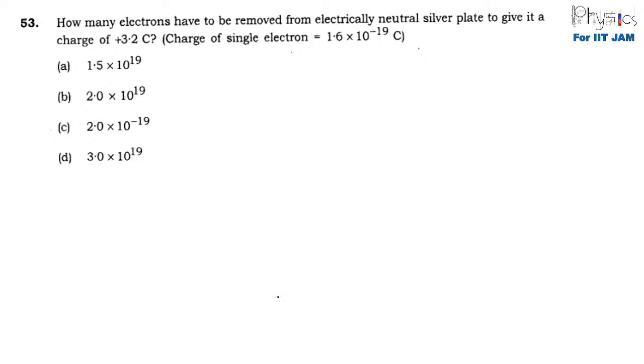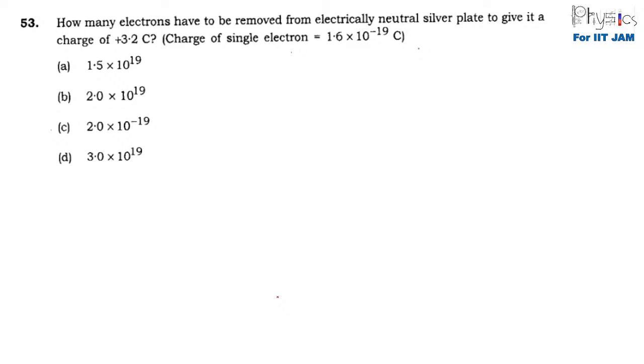So this is our next question. How many electrons have to be removed from an electrically neutral silver plate to give it a charge of plus 3.2 coulomb, where the charge of a single electron is equal to 1.6 into 10 to the power minus 19 coulomb, right?